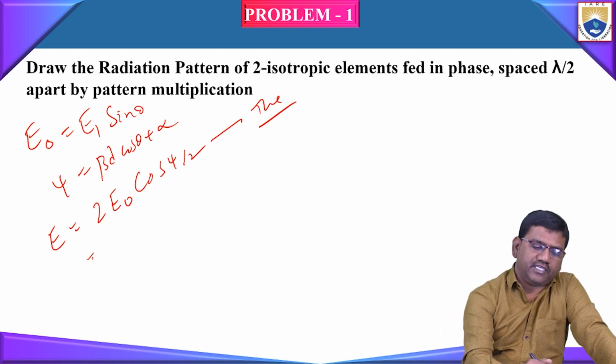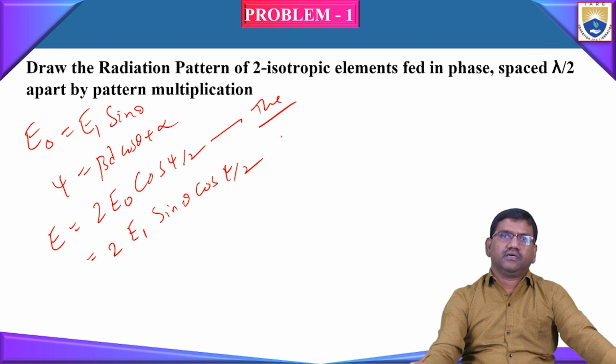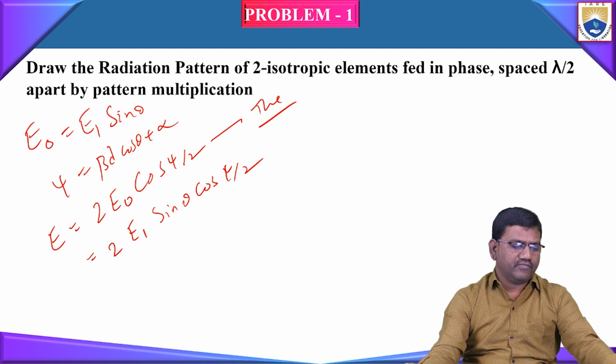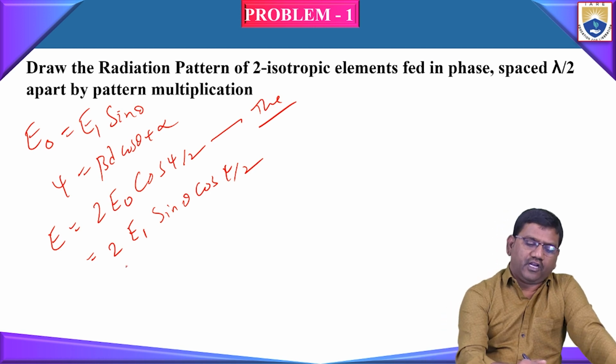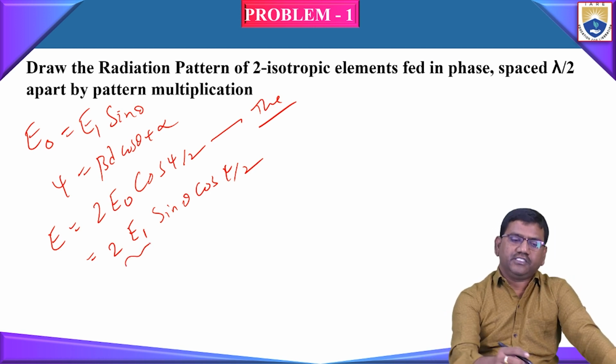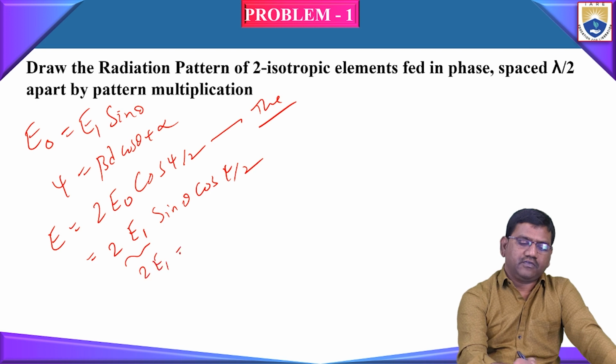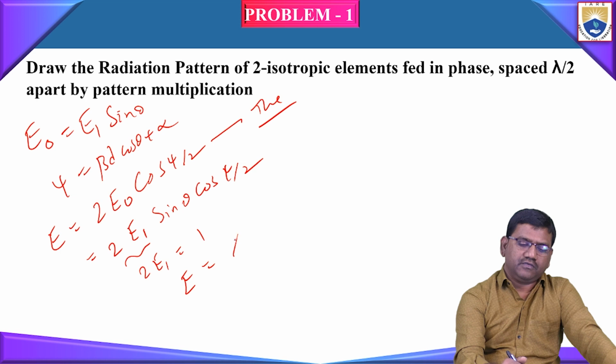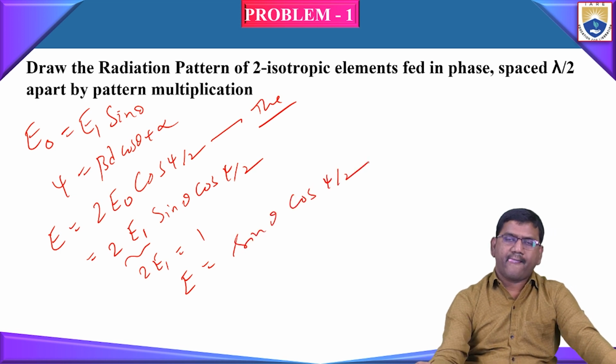Now here, what is E naught? E is equal to 2 into E1 sin theta cos psi by 2, where psi is equal to beta d cos theta plus alpha. Now if we normalize this function, taking 2E1 equal to 1 as amplitude, then E is equal to sin theta into cos psi by 2.